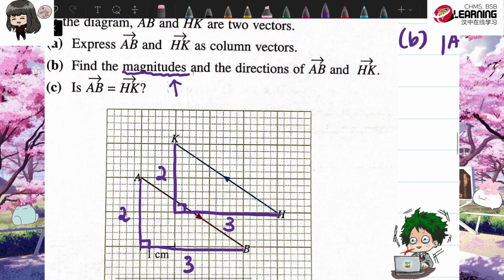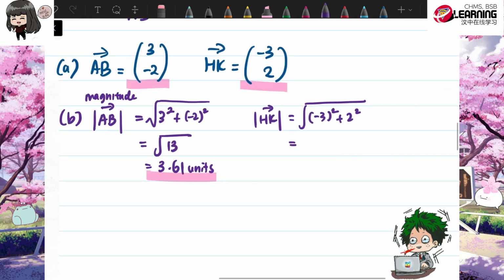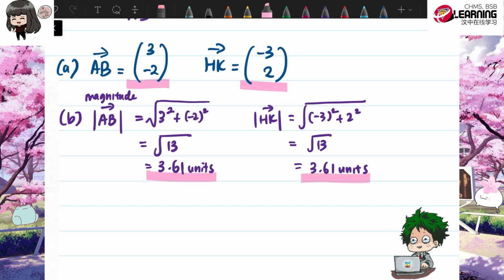This one 3 units, this one 2 units. It's the same. So they have the same magnitude but not the same vector. Same magnitude means they have the same distance. So this one is also square root of 13, the same as your AB magnitude.